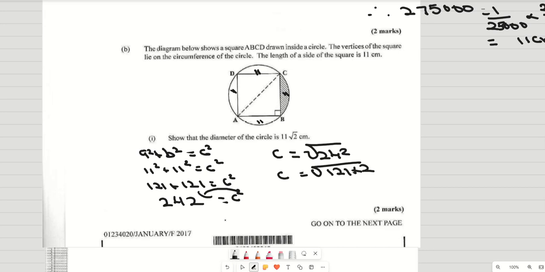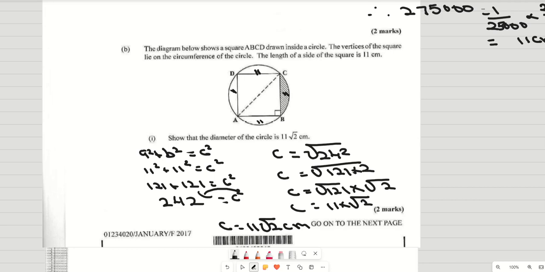So c is equal to the square root of 121 multiplied by the square root of 2. What is the square root of 121? 11, times the square root of 2. So we can see that c is equal to 11 square root 2 centimeters. And that is how you would do this question.